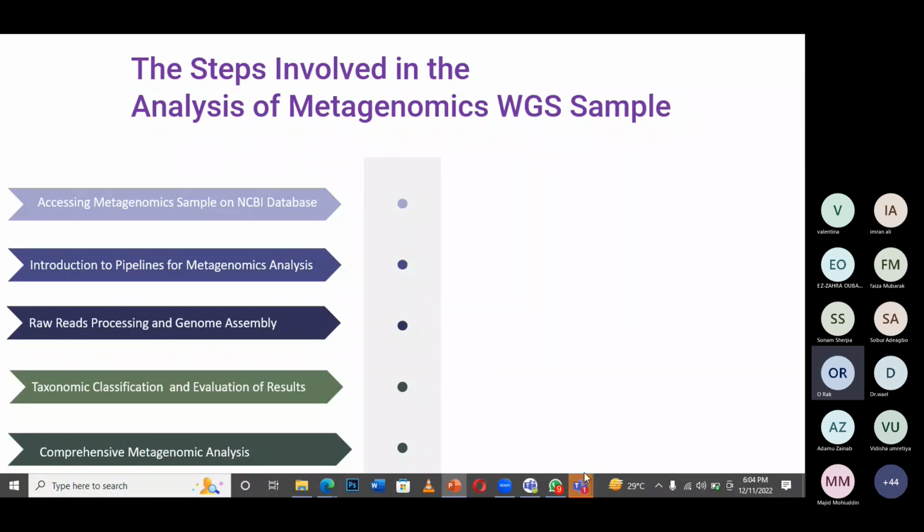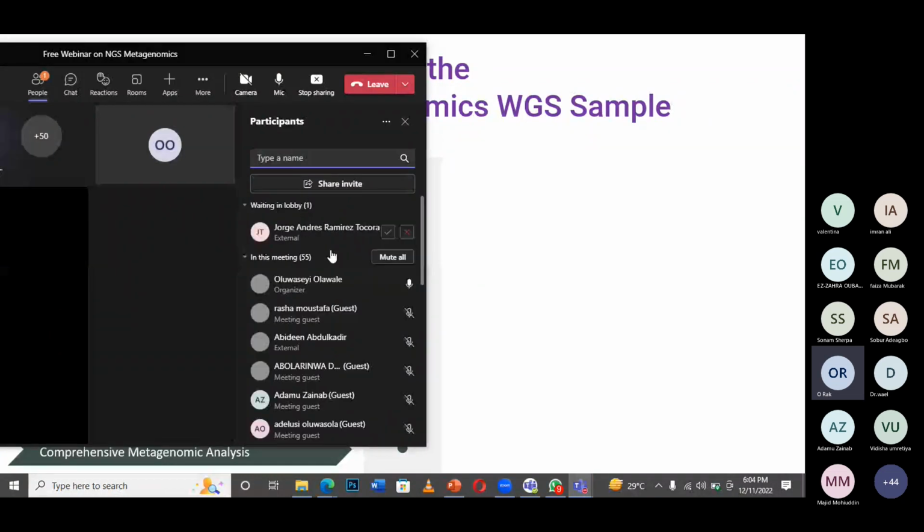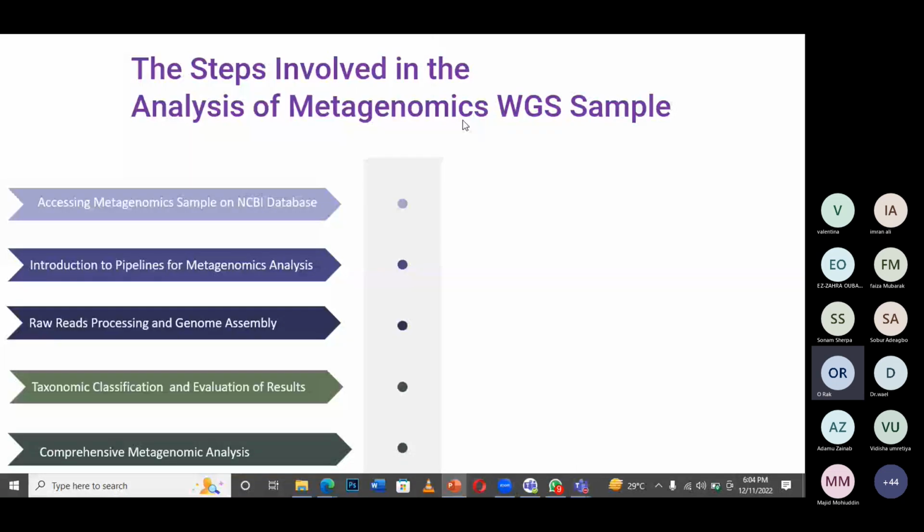Just to understand something here: whole genome sequencing and shotgun sequencing. No, we're not talking about whole genome. Whole genome is specific to an individual organism. This is whole shotgun. We're talking about shotgun sequencing.